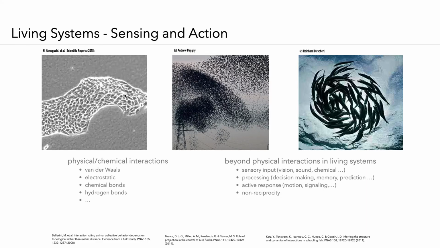So that becomes more prominent if you go to larger length scales, for example, these flocks of birds or these schools of fish. The fish, of course, do not interact because they necessarily have any kind of physical contact, even though they may feel the other one's hydrodynamic flows. They exchange information. So this information that you exchange by signals, I call beyond physical interactions or information-related interactions, because there's not really a direct physical force between them.